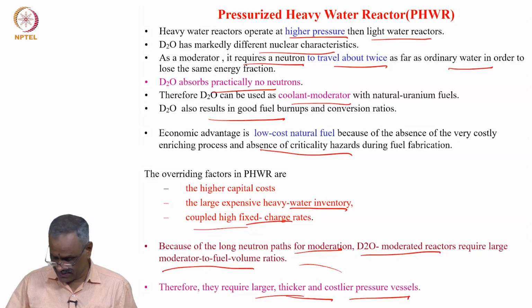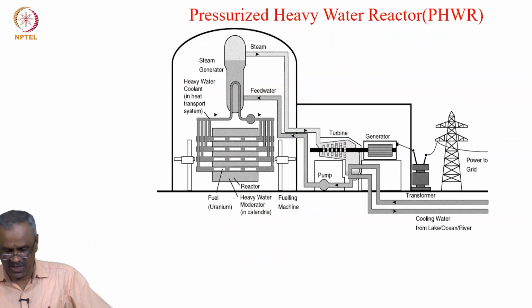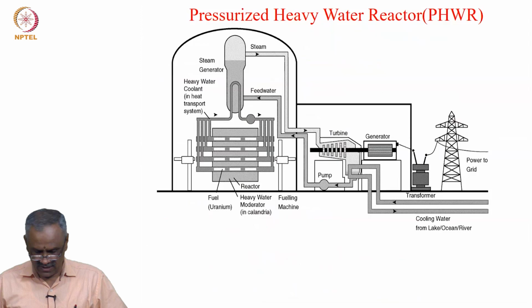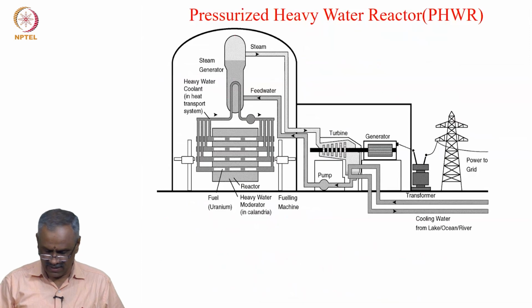light water reactors. These are some of the factors, and if you look at how a pressurized heavy water reactor looks, the difference here is this pressurizer, here you see the steam generator, and you have heavy water coolant.